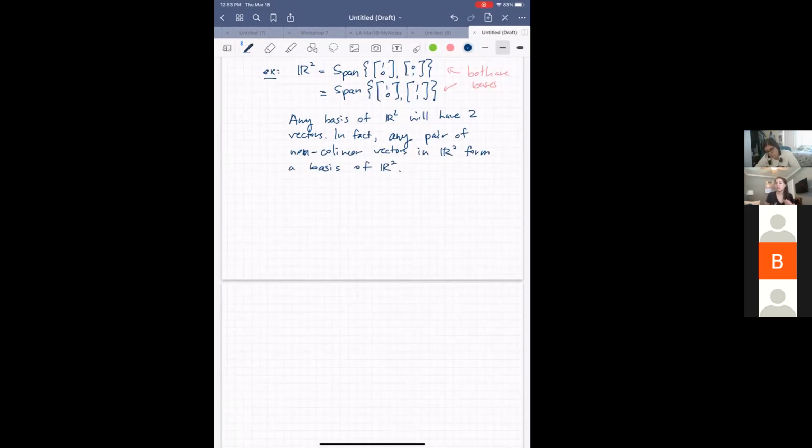And so in this case, it is clear that we have infinitely many possibilities for a basis of R2, right? We just pick any two non-collinear vectors, and there are infinitely many pairs of non-collinear vectors, right?